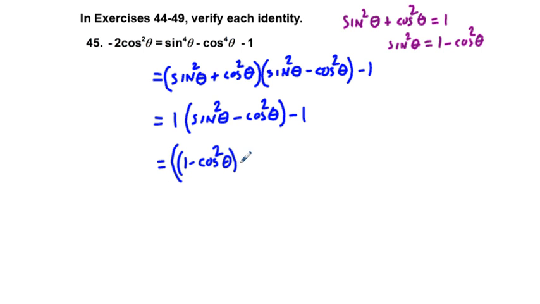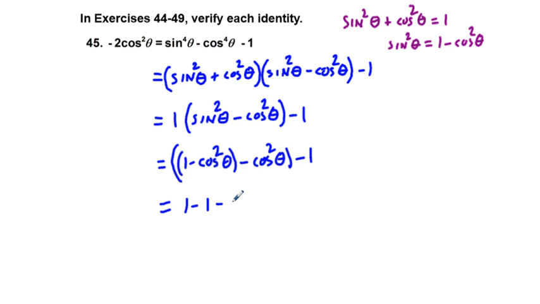And then we're going to have minus cosine squared theta minus 1. Okay. So we're coming to some kind of conclusion here. And what we have is 1 minus 1, just kind of putting these numbers together, right? 1 minus 1 at the end.